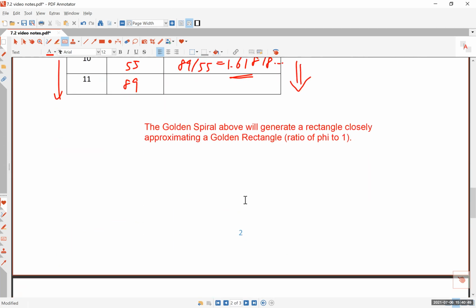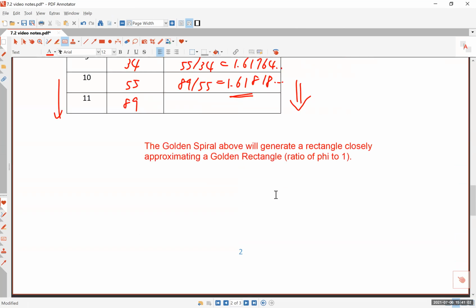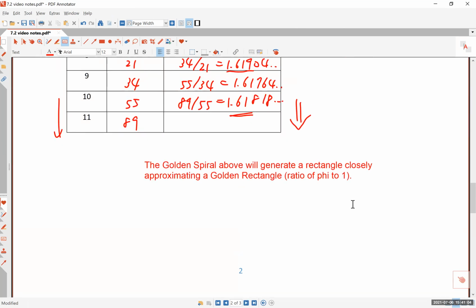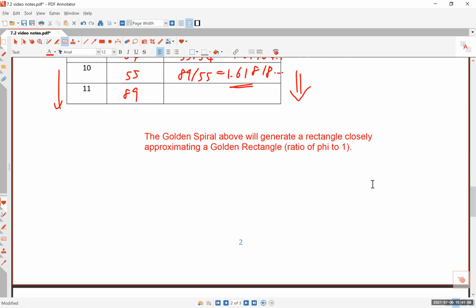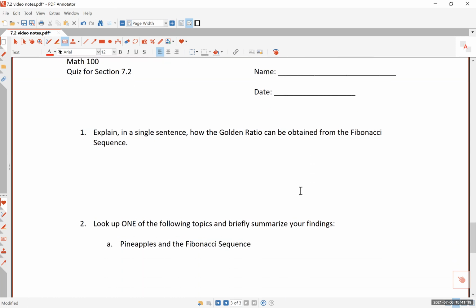This is a surprising thing, and you see this in art and music, as well as in biological nature, such as pine cones and sunflowers. In fact, the Fibonacci numbers are so prevalent in nature that in Europe, they have an academic journal called the Fibonacci Quarterly, and every article in it has to do with the Fibonacci numbers or the golden ratio or both.